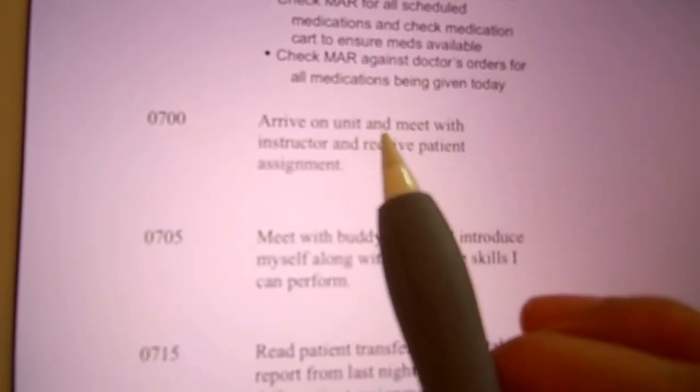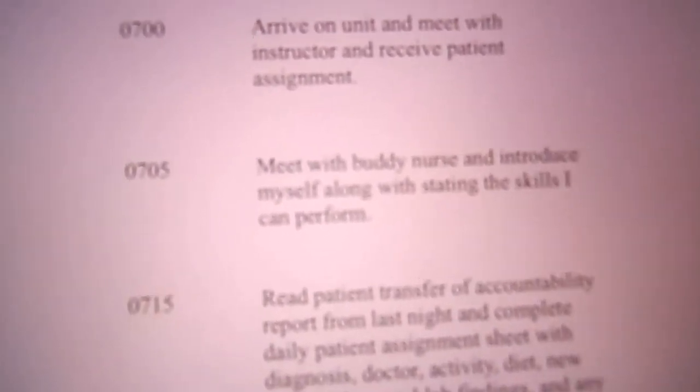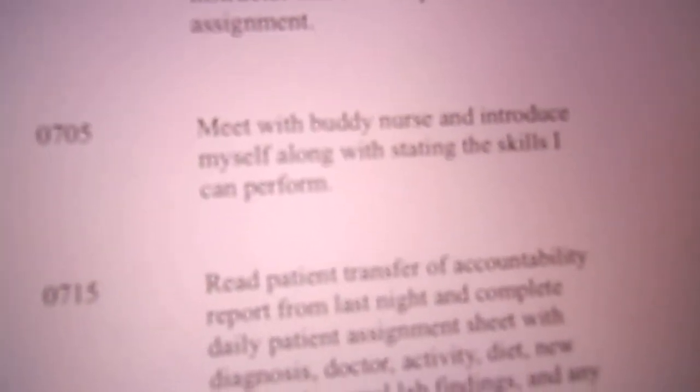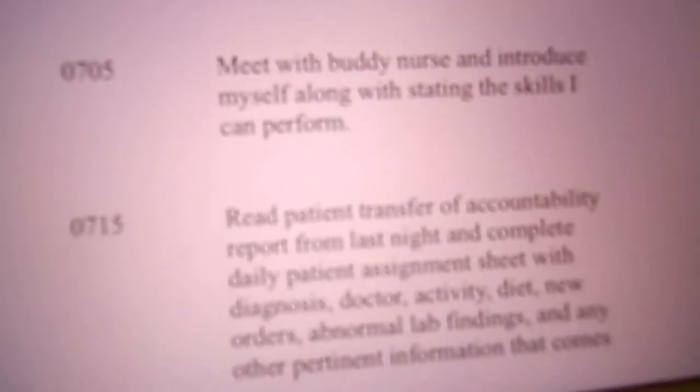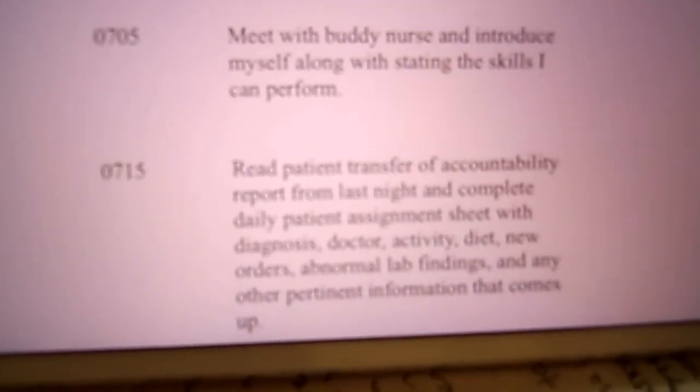At 7:00 I would arrive and meet with my instructor and my patient. At 7:05 I would meet with my nurse, introduce myself, and tell them what skills I can perform. At 7:15 I would be reading the transfer shift report, and so on from there.